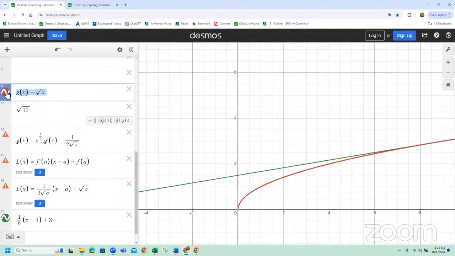That's this red one right here. And I want to find the square root of 12, which is 3.46 and so on, but without the calculator. So what I'm going to do is find the tangent line at a center near 12.